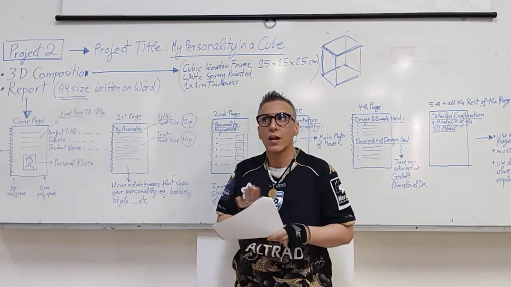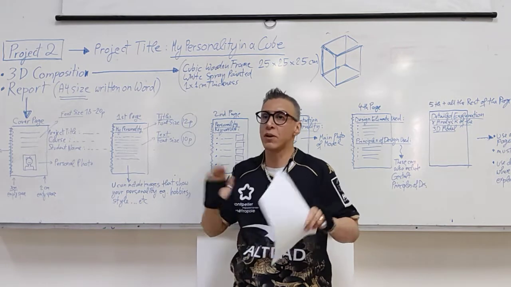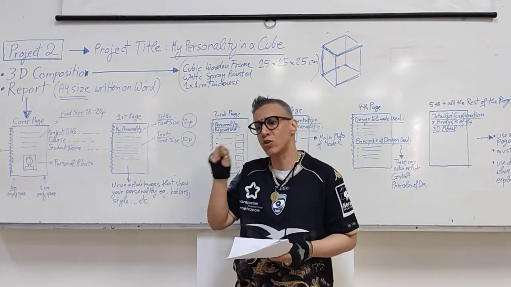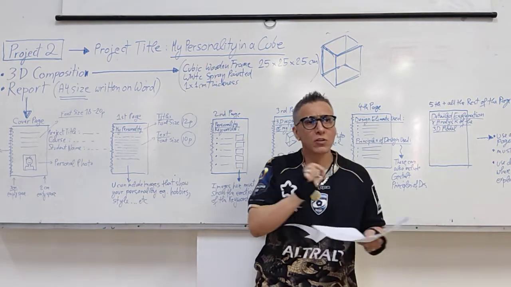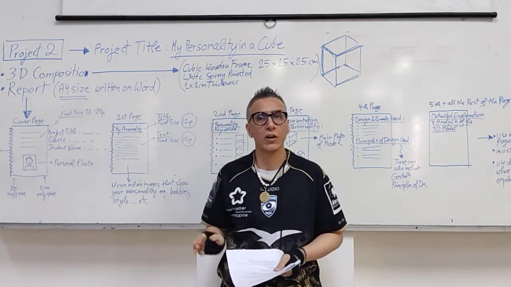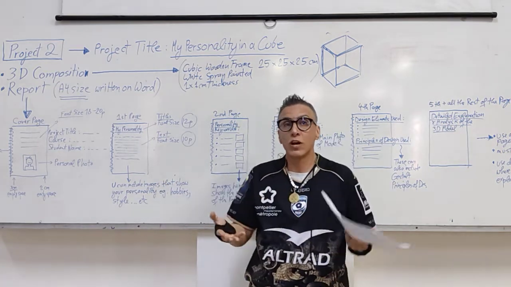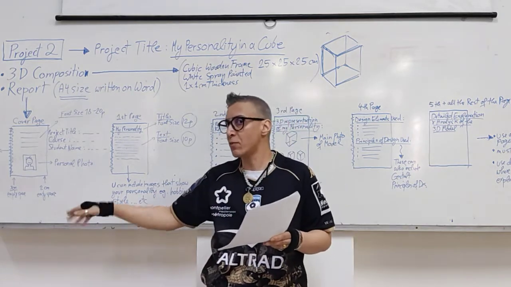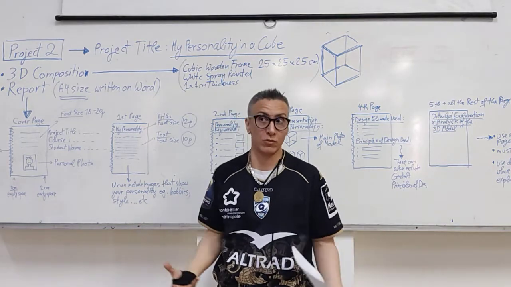You can choose any element of design and combine it with any principle of design. Before I used to tell you, no, you must use the element of design line or shape or specific things. Now you can use any element of design. You can have color, you can combine lines with shapes, you can combine several things together, and use any of the principles of design also to build this composition.